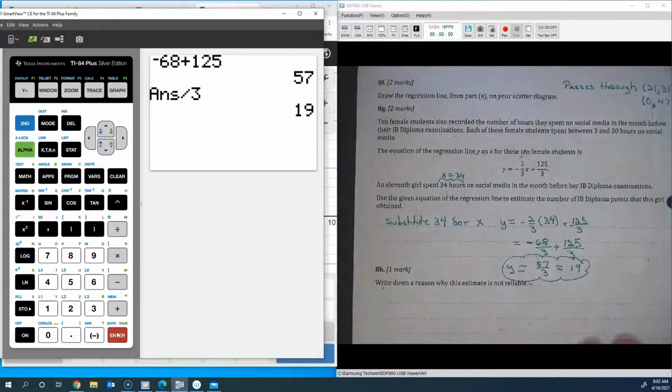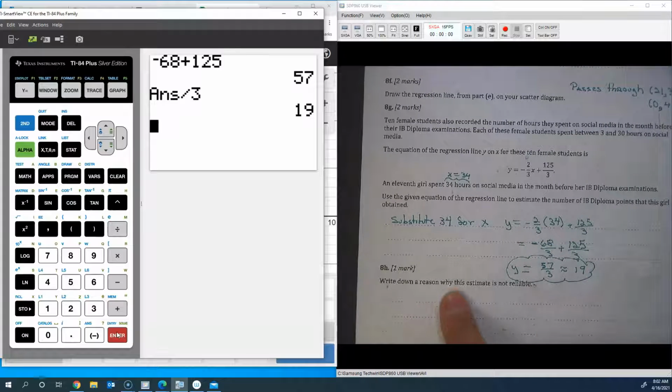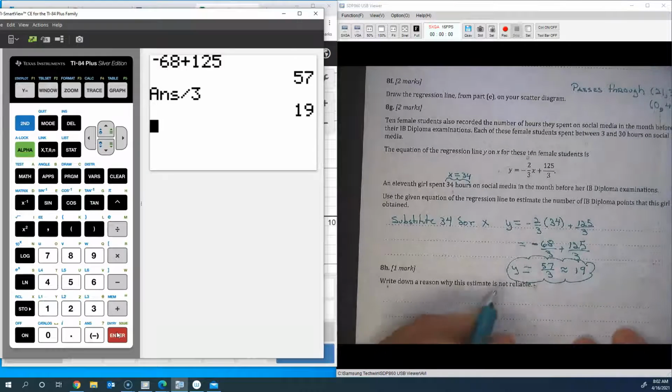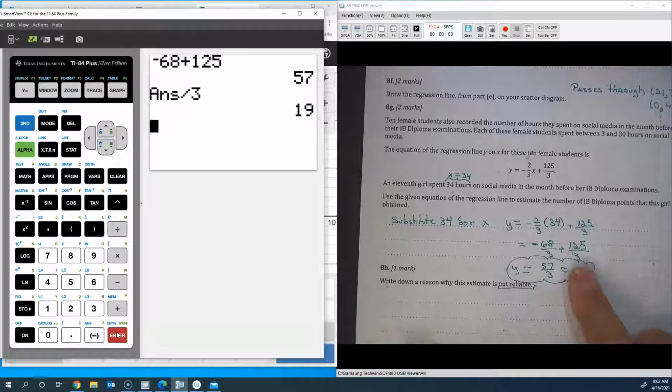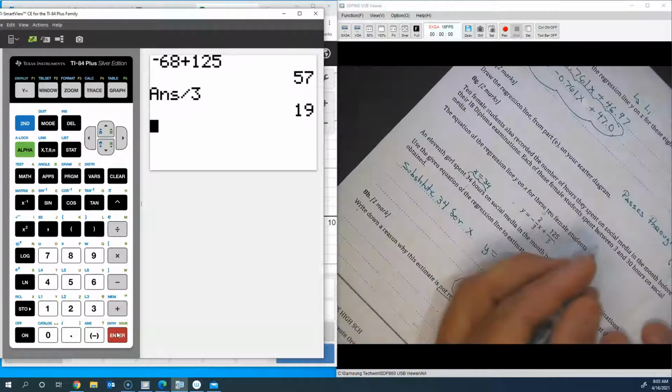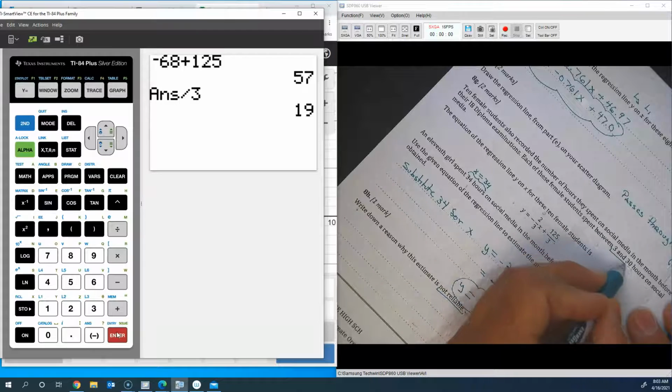The question is, write down a reason why this estimate is not reliable. In order for this to be reliable, it has to be between 3 and 30 hours.